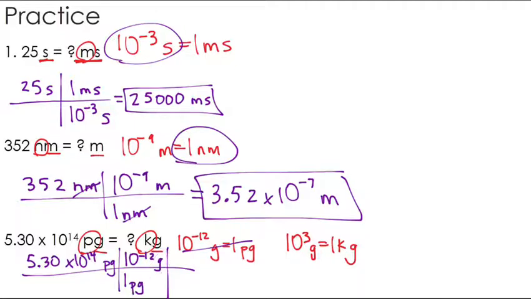Because I've got plain old grams on top, I can put these plain old grams on the bottom, and then 1 kilogram goes on top. All my units are set up correctly, and now my final answer comes out to a nice round 0.53 kilograms. So, not too bad, I hope, even doing two conversions there.